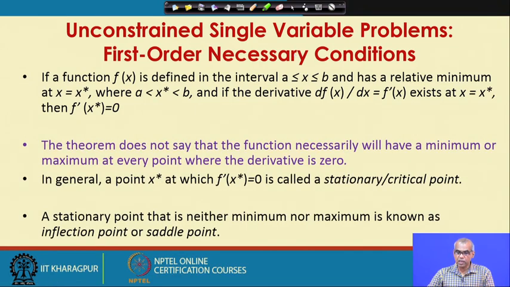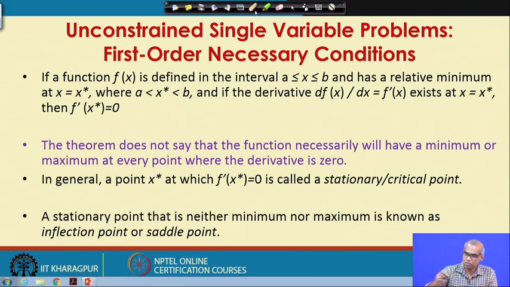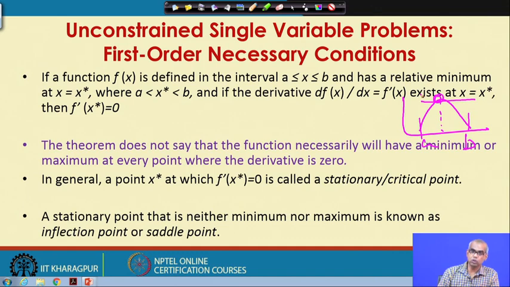The theorem does not say that the function necessarily will have a minimum or maximum at every point where the derivative is 0. The reason is, if you have a function like this in the interval say a to b, here it attains a maximum, here also f prime is equal to 0. The derivative here is also 0.